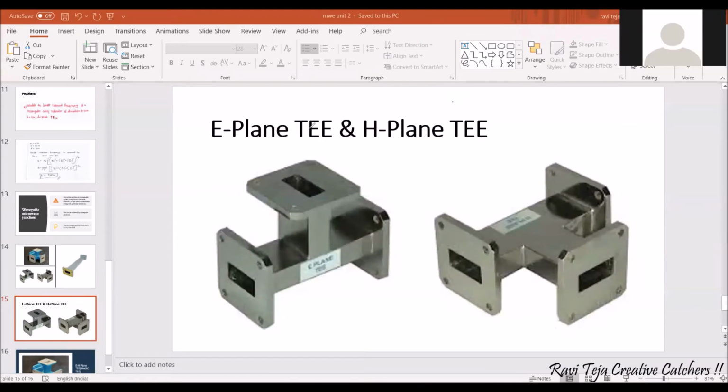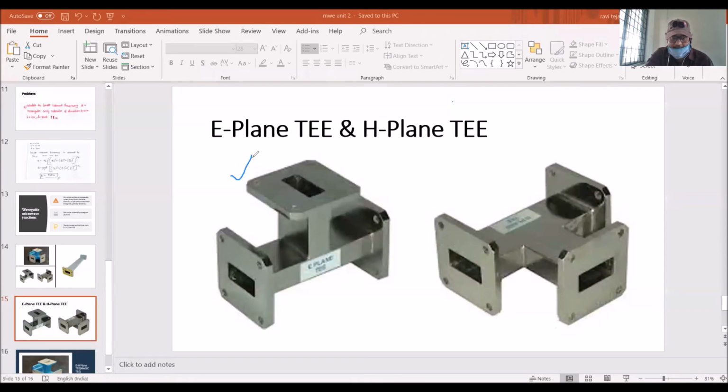So these are the two microwave junctions which you have seen in the previous diagram. This particular microwave junction is called the E plane T, where it deals with the electric field of a microwave signal.